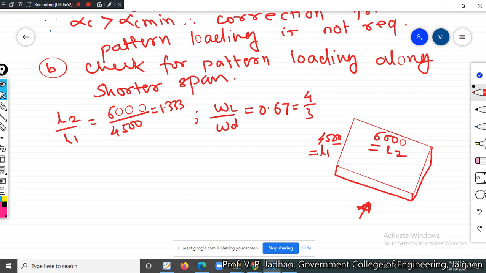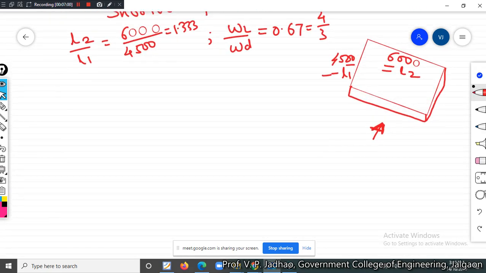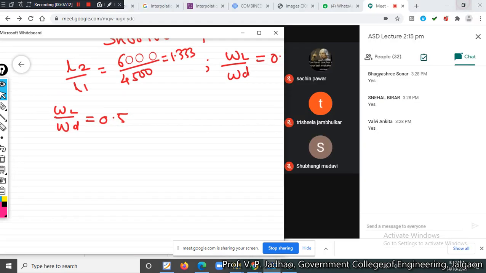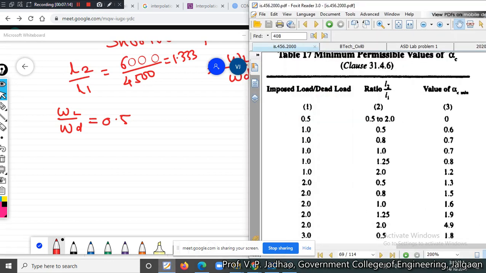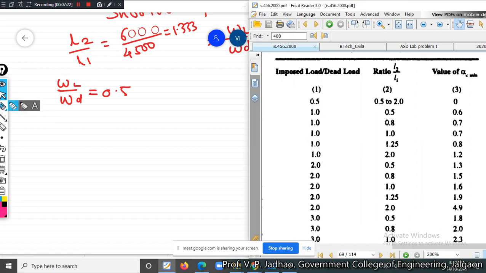Now for WL upon WD ratio of 0.5, we know that from table number 17 of IS 456, the alpha C minimum, for 0, this is the live load divided by dead load ratio.